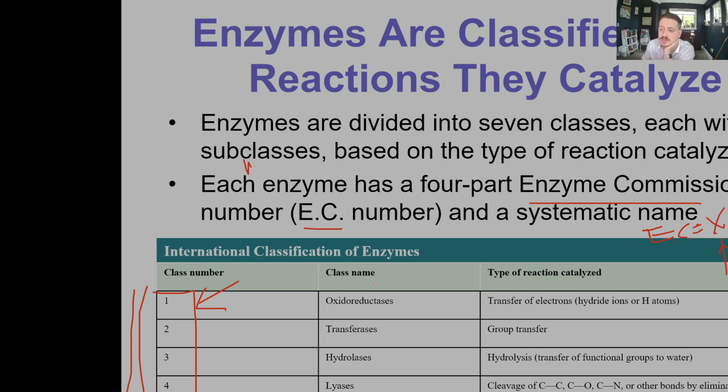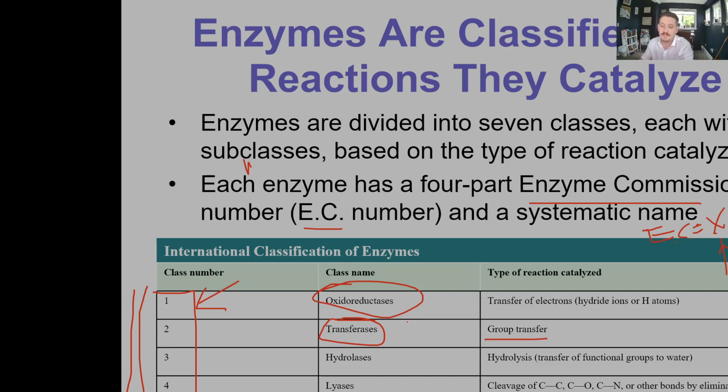For instance, there's the oxidoreductases, class 1, which are involved in transferring of electrons. Transferases transfer groups. We're going to talk about aminotransferases, which have a PLP cofactor and transfer amine groups, like it says.